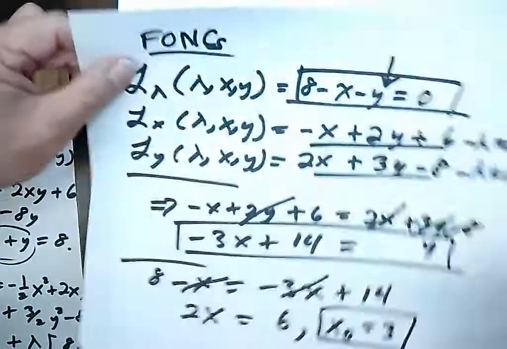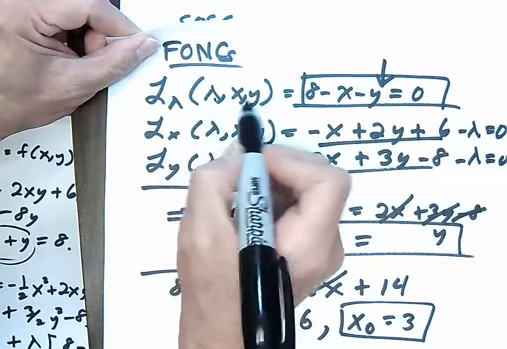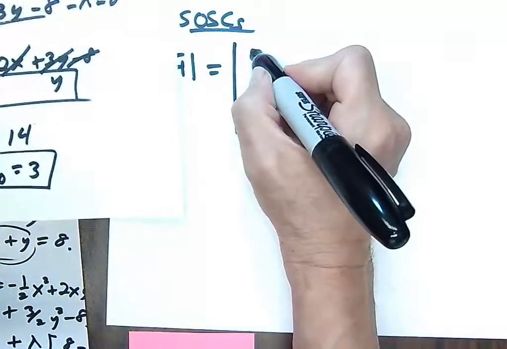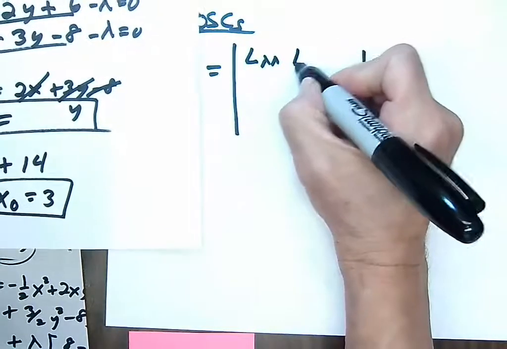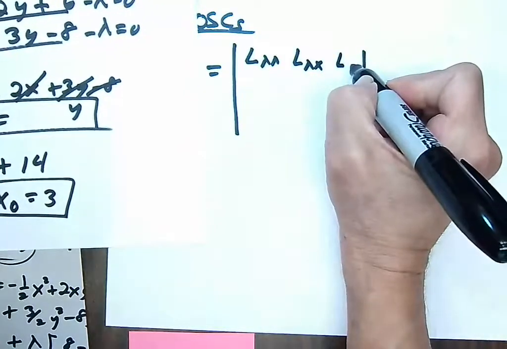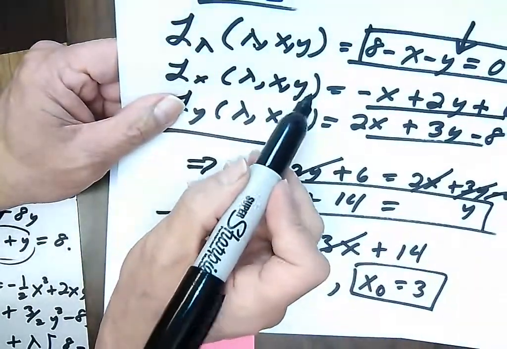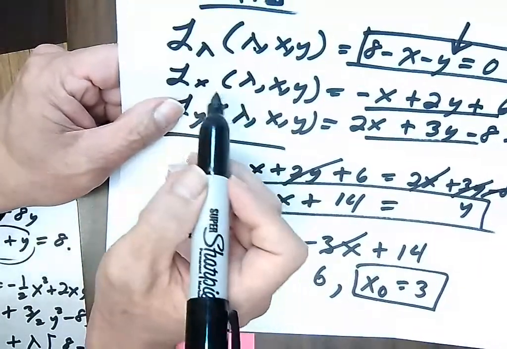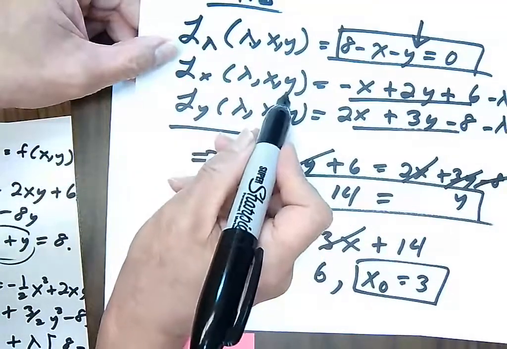The first row elements will be L lambda lambda, L lambda x, L lambda y. So let's just write those: L lambda lambda, L lambda x and L lambda y. How do we get the second row elements? Go to, again, our second first-order necessary condition, and in order, we get the second-order partials of the Lagrangian Lx lambda, Lxx, and Lxy.